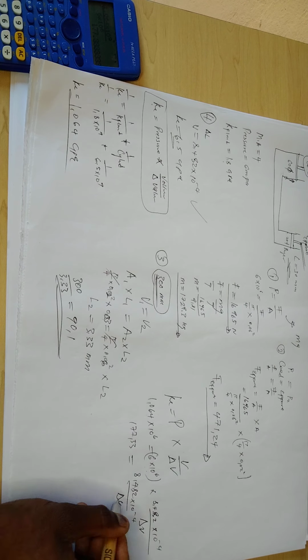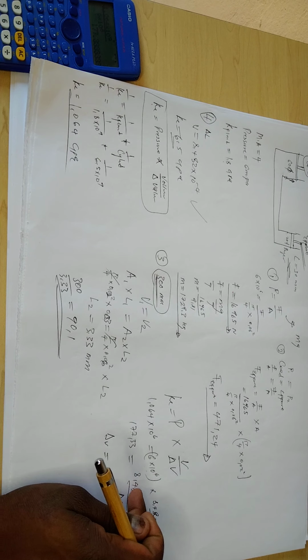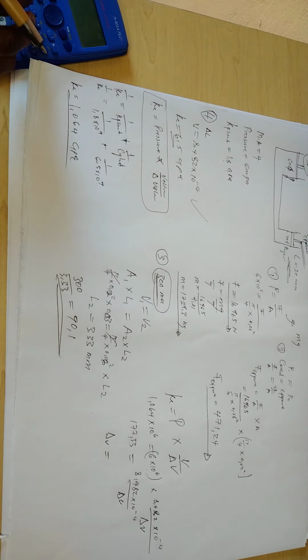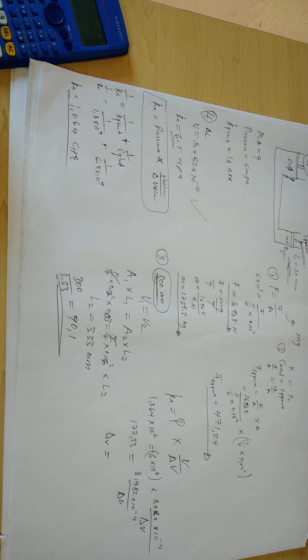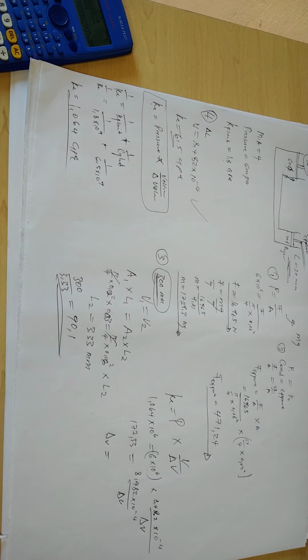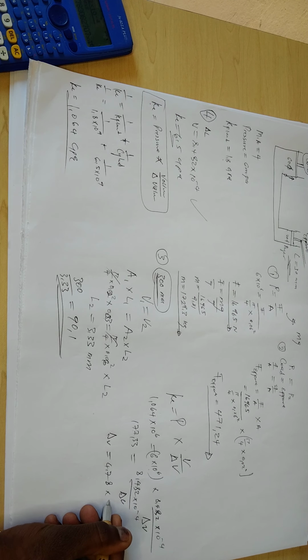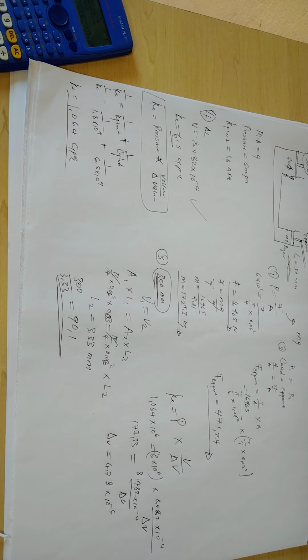Then I take this side and I take this side, then divide this one with this one: 8.482 times 10 to the power minus 4 divided by the answer. It's giving me 4.78 times 10 to the power minus 6. Then I'm not done.